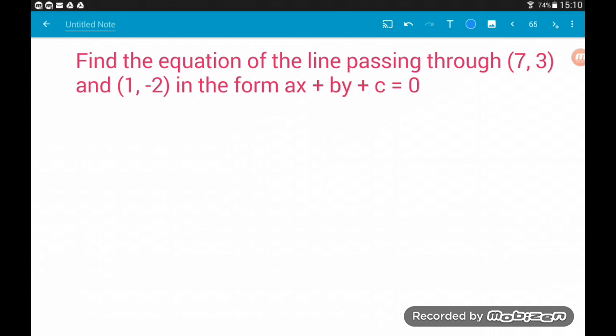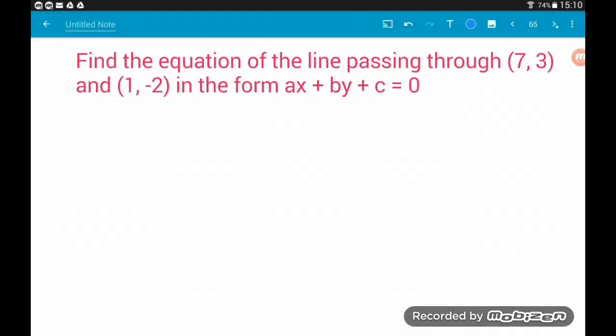Find the equation of the line passing through (7, 3) and (1, minus 2) in the form ax plus by plus c is equal to 0. So first of all, we need to find the gradient and the y-intercept.